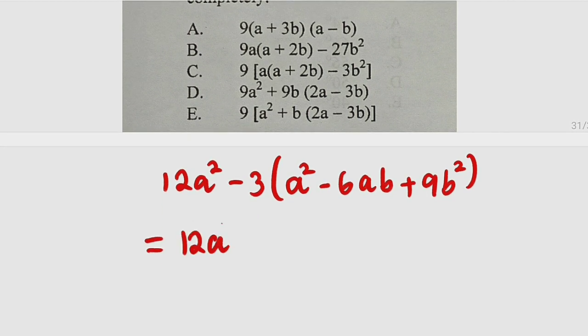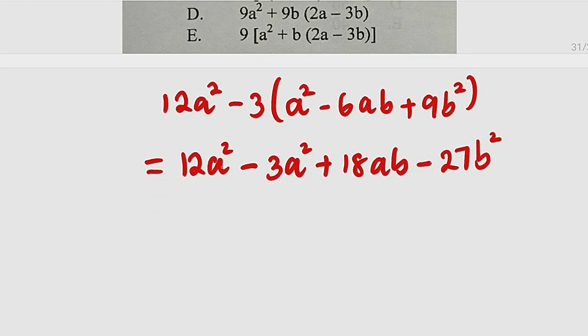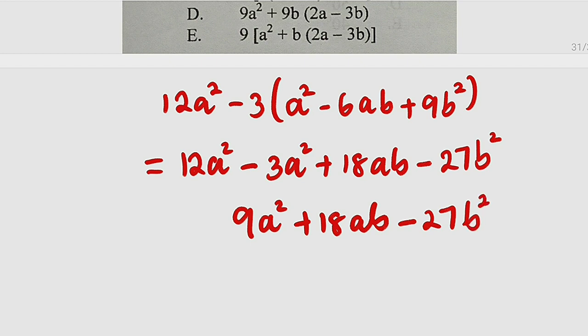Then we expand this. This is 12a squared minus 3 times a squared, minus 3 times the negative is positive, 3 times 6 is 18ab. The minus plus is minus, 3 times 9 is 27b squared. 12 minus 3 is 9, so we have 9a squared plus 18ab minus 27b squared.